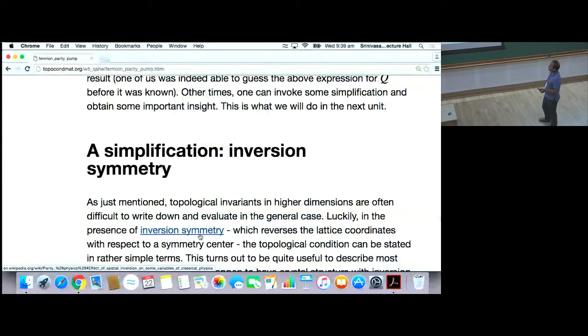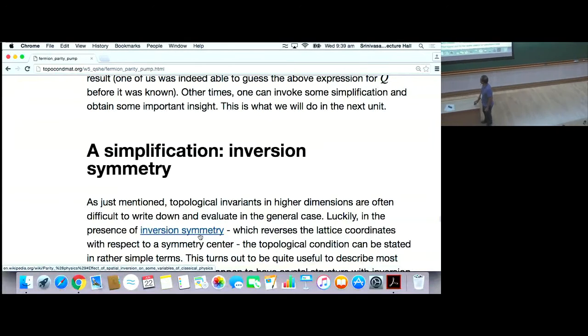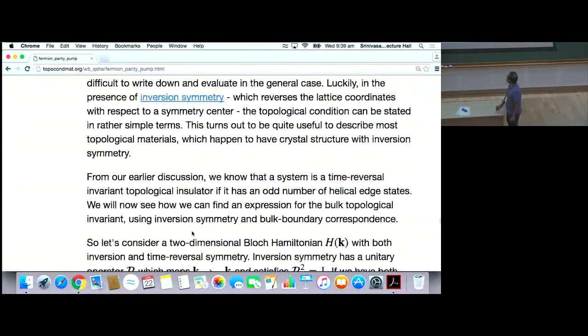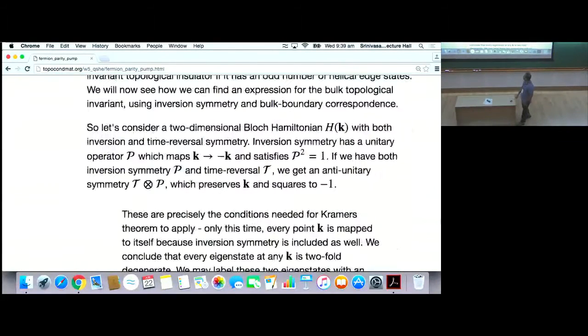So if you have inversion symmetry, though, even though it's not needed for the protection of this topological class, having inversion symmetry makes it much easier to calculate the topological invariant. So what's nice about having inversion symmetry?